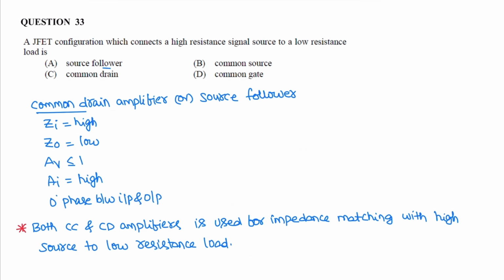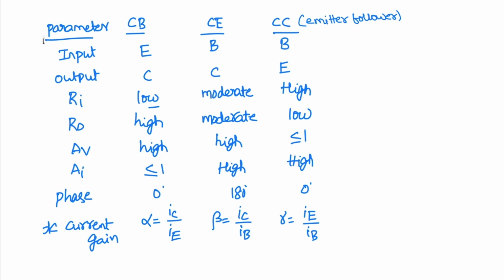Next question. Which JFET configuration connects a high resistance signal source to a low resistance load? Let us see the analogy between BJT and JFET. This is for common base, common emitter, and common collector.